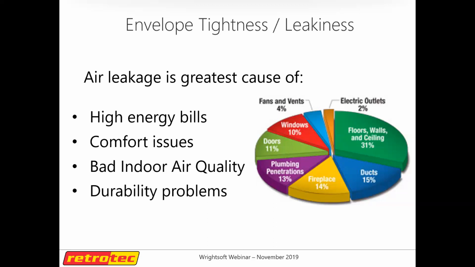Plus durability: if you live in a climate like I do, that can be very humid, we build houses out of wood typically. If we're trapping moisture in there and it's not able to get out, then things start to rot. Those are the four biggies that we usually talk about when we talk about air tightness, the four things we can control for with an airtight building.